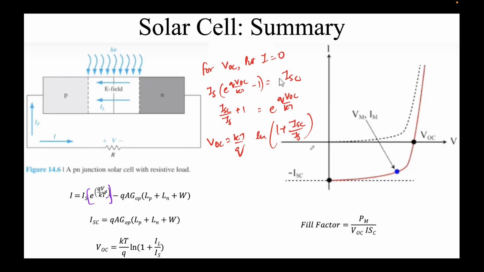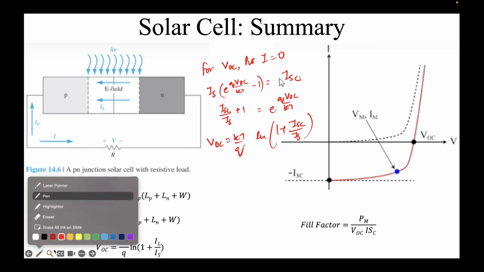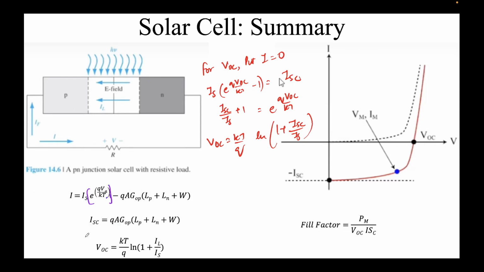Okay, there's one more component which we call the fill factor. So essentially the maximum current that you can have is this ISC, the maximum voltage you can have is VOC. So you can essentially form a rectangle over here. I'll try to draw this. This rectangle.